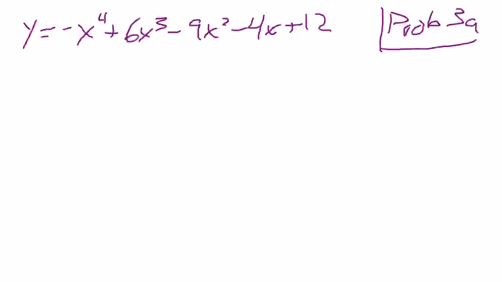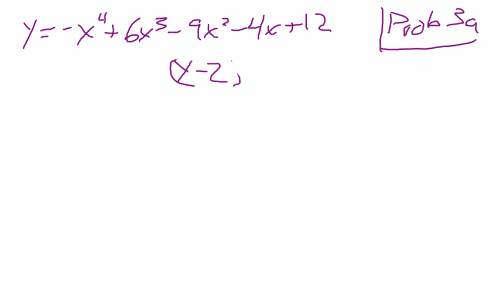So the problem says this polynomial, we want to find all the zeros of it and sketch the graph of the curve. We're given the hint that (x minus 2) squared divides into the polynomial.